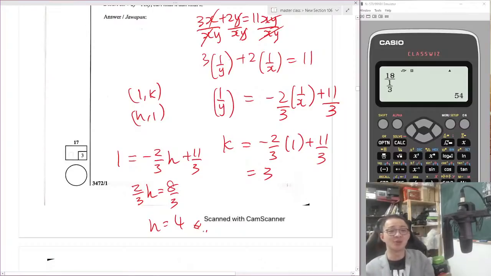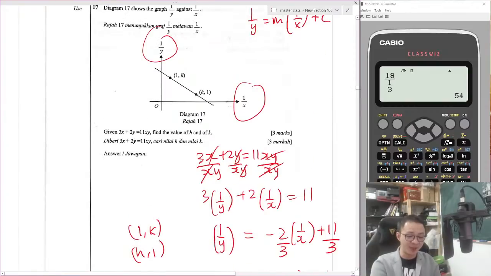Just sub into that equation. Don't make the careless mistake of subbing into y and x only. Because some students will assume this is x and y, which is wrong. You need to see your axis here: it tells you this is 1 over x and 1 over y.